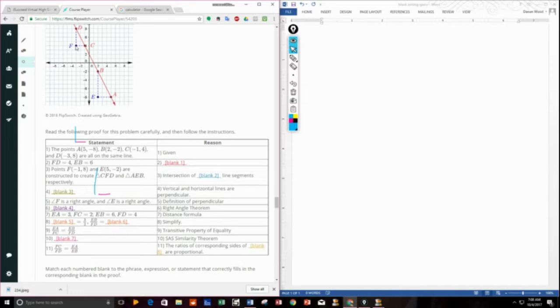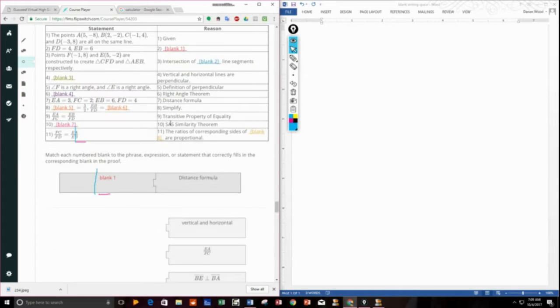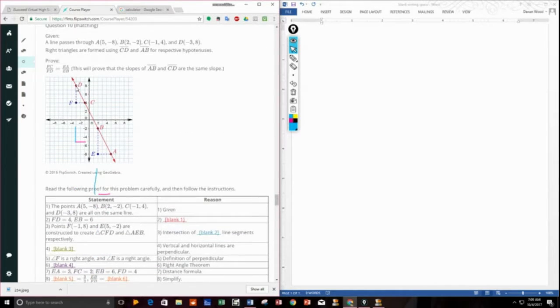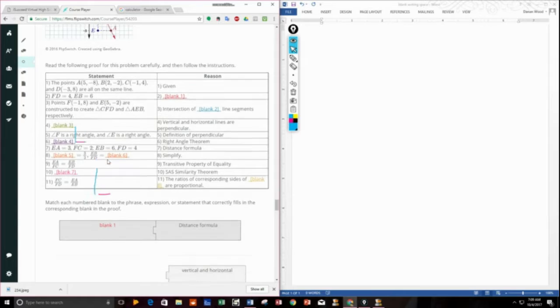So point F right here and point E. They're intersecting the vertical and the horizontal line segments right there. That's how they created that point E: they came down vertically and went across horizontally, and where those two met, that is where the points were created.